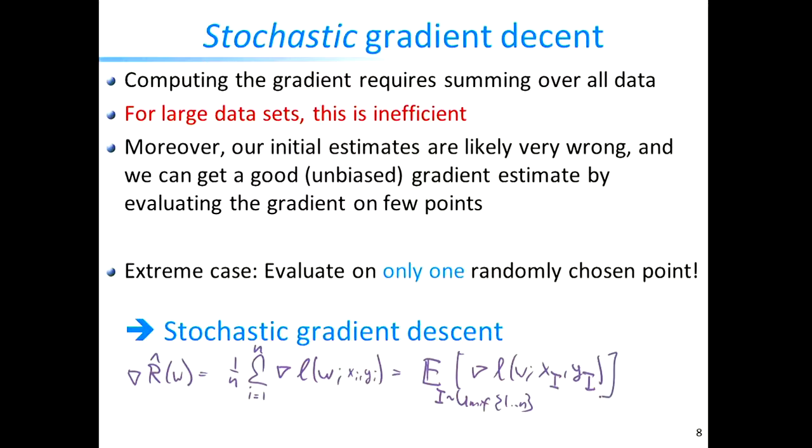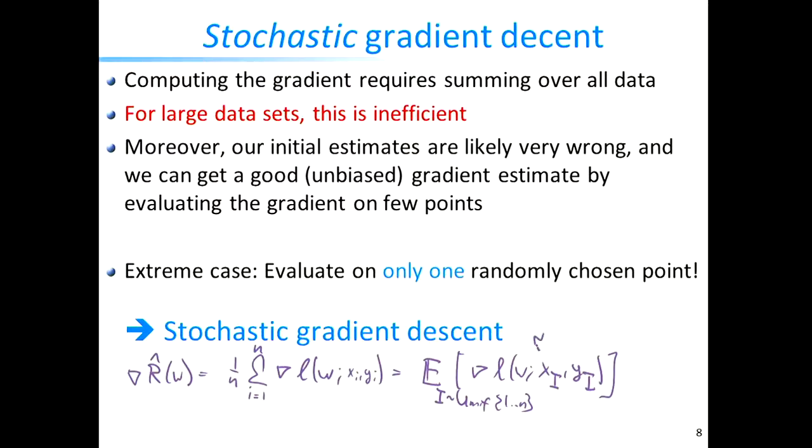This is just the same way of writing it; if you spell out the definition of this expectation, we get this expression. So you can interpret the empirical risk gradient already as an expectation. Now we can try to approximate this expectation using fewer samples. We approximate it not by an average over all the points in our data set, but over a subset of them drawn uniformly at random.